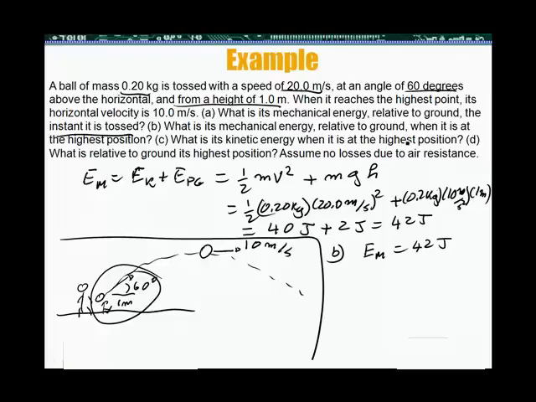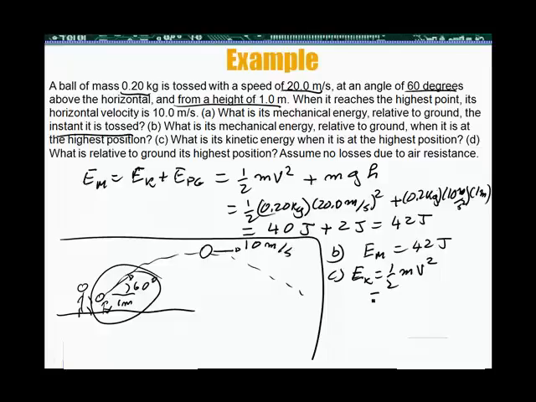Now here, to find the kinetic energy, since we are given the speed at that position, it should be an easy problem where we can just calculate the kinetic energy as 1/2 of mv squared.